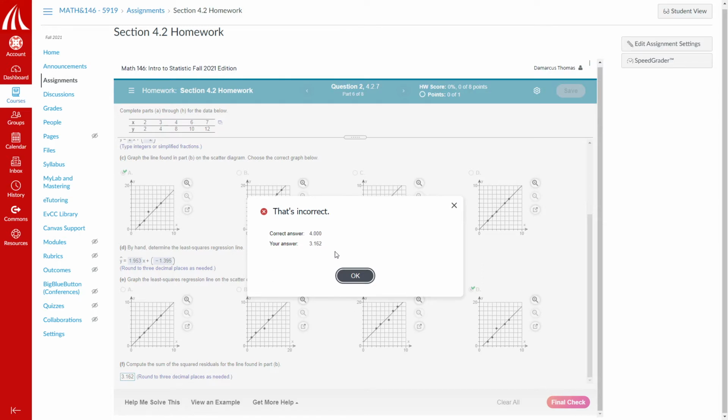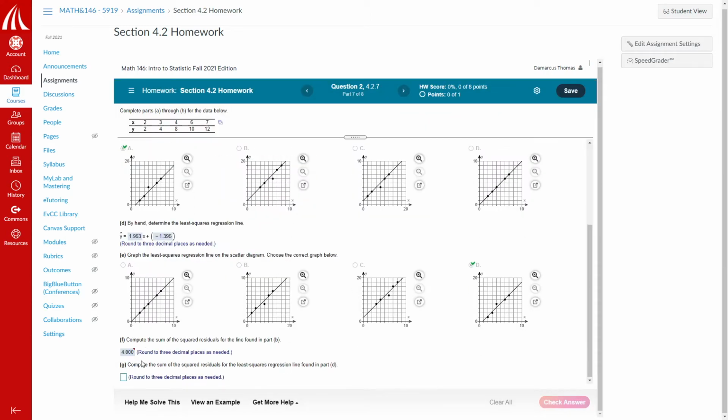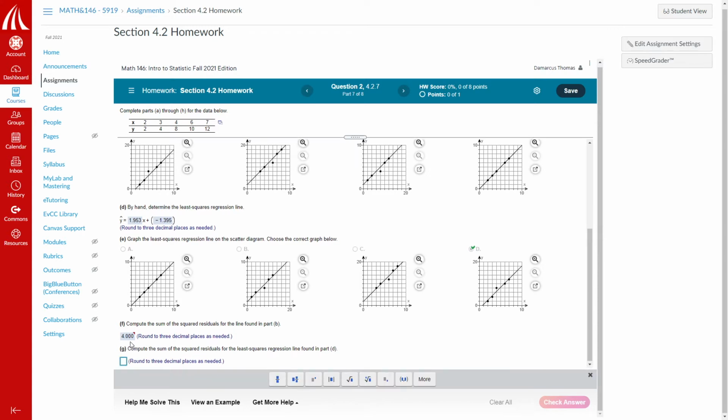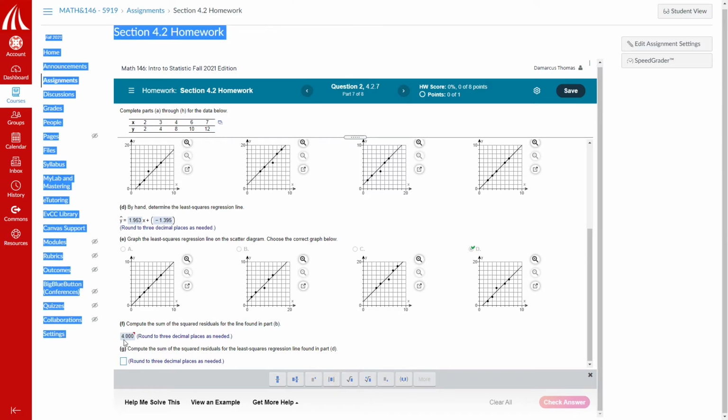They're saying that it's 4, and it's probably 4 if you do it out by hand. But, oh, okay. Yeah, three. Okay, compute the sum of the square residuals of the least squares regression line. Yeah, that's something totally different. Then that's going to be 3.163.